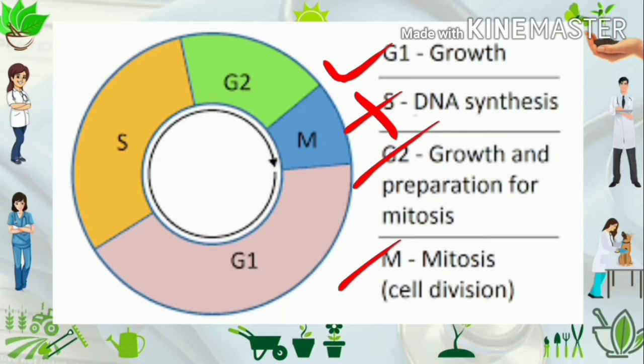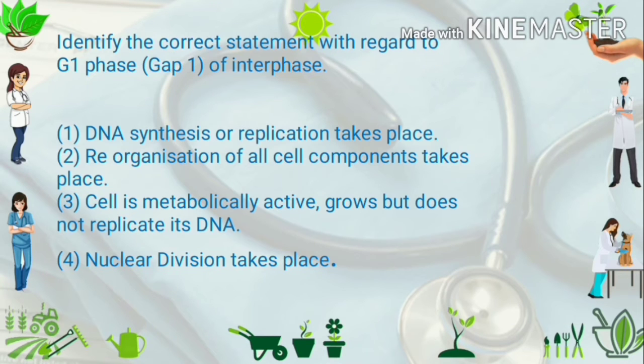G1 phase of the interphase includes synthesis of various proteins, replication of organelles, and synthesis of various enzymes, since it is a preparatory stage for DNA synthesis and cell division. So during this phase, the cell is metabolically active, grows but does not replicate. The replication of DNA takes place in S phase. So the answer is C.